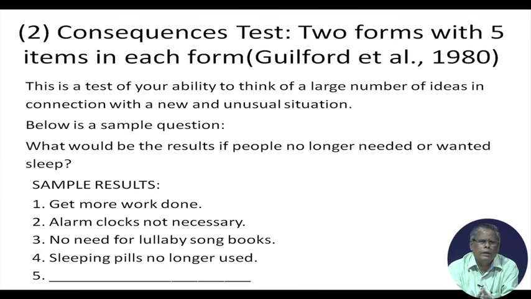Sample answers would be: they will get more work done, alarm clocks not necessary, no need for song books, sleeping pills no longer needed or used. Likewise, the consequences will be many.